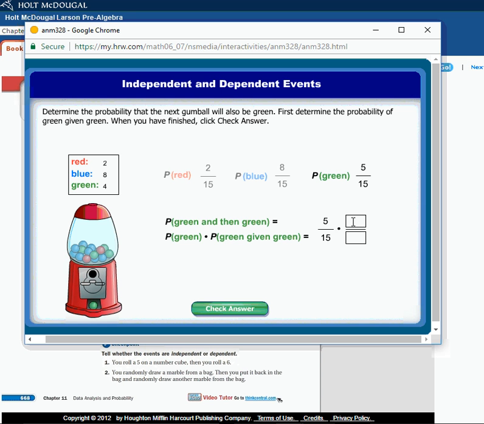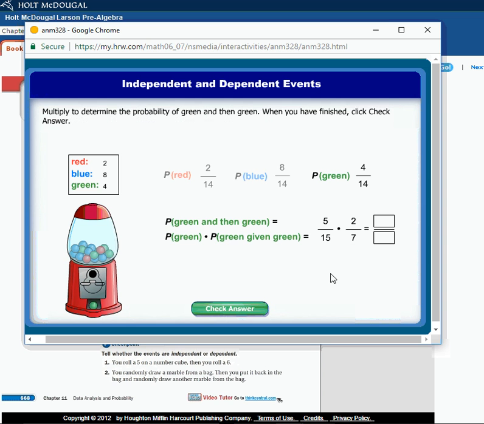Now, the second time, I am one gumball short. So I no longer have 15 gumballs, I have 14. I no longer have 5 green ones, I have 4 green ones. I'm going to express my answer in lowest terms, so I'm going to reduce this answer. So it's going to be 2 out of 7. I'm going to multiply those two together.